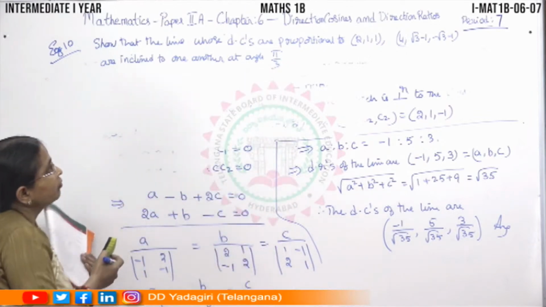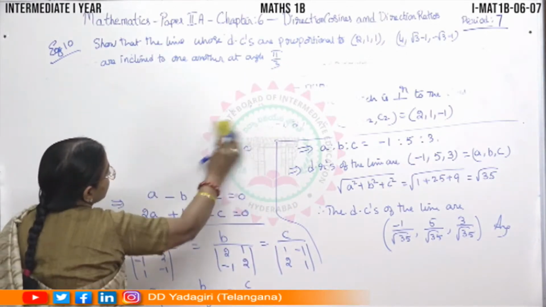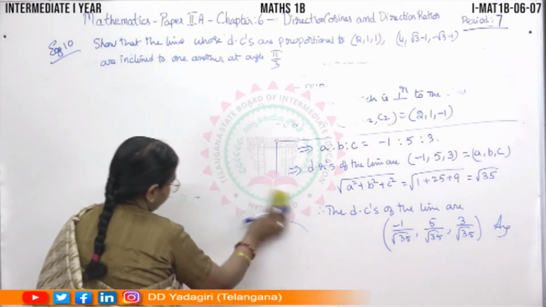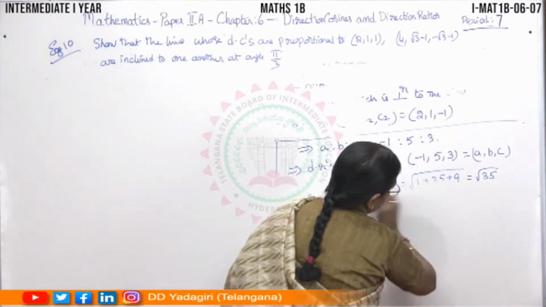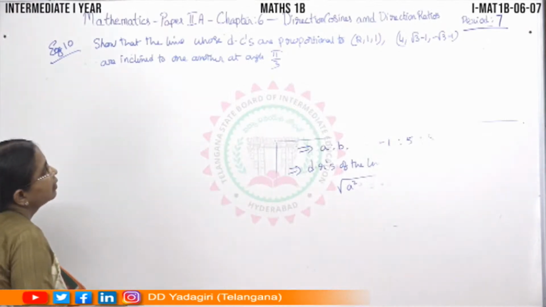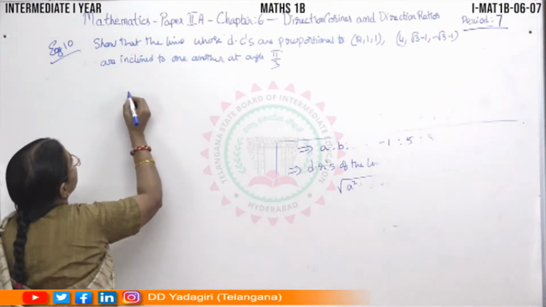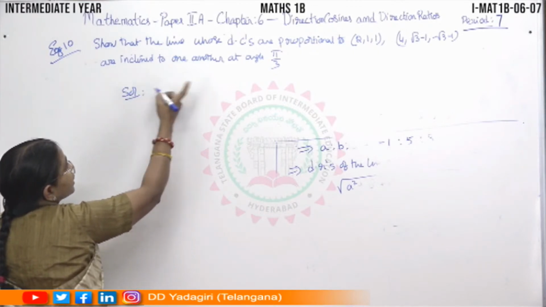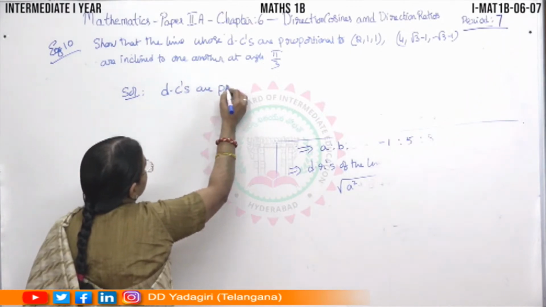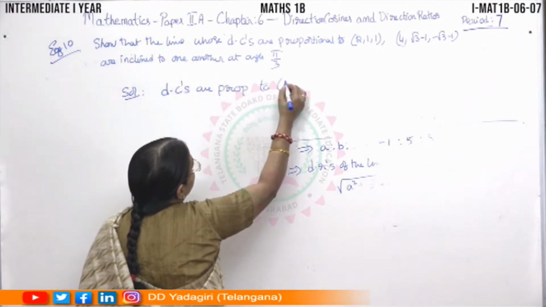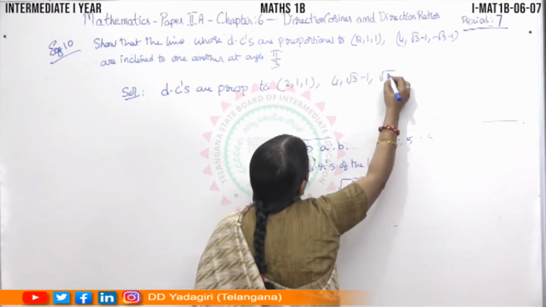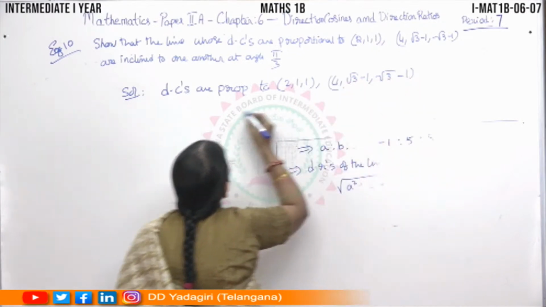So they are inclined to one another means what? That is the only point that you have to learn. Otherwise, if the problem is direct, you can easily do the problem. But here he has given it like this. The DCs are proportional to 2, 1, 1 and 4, root 3 minus 1, minus root 3 minus 1 means what?